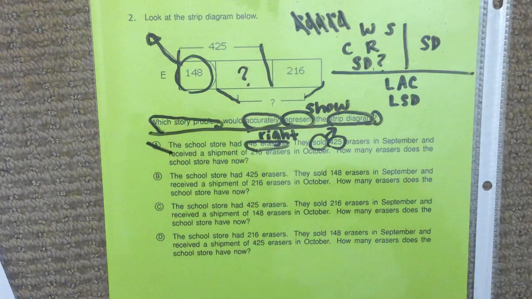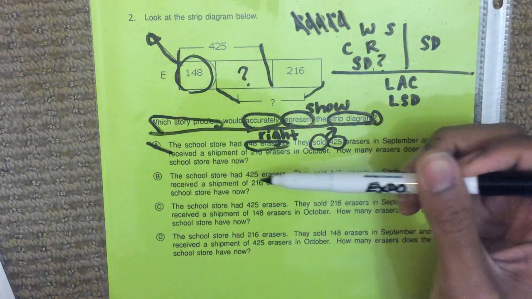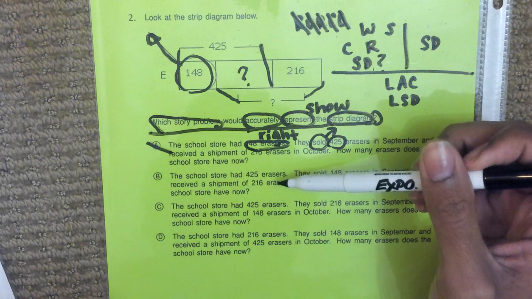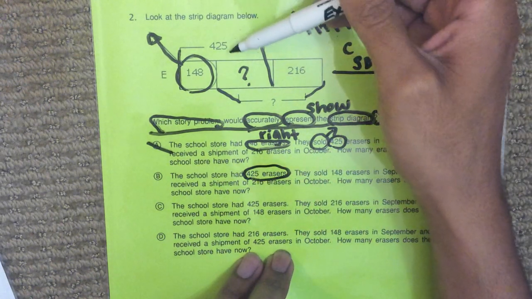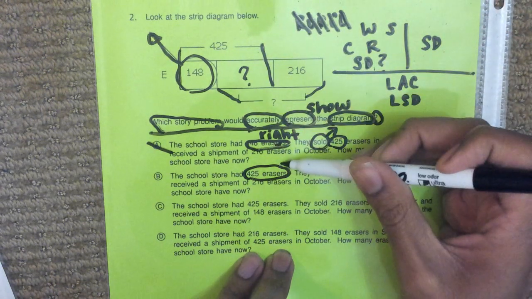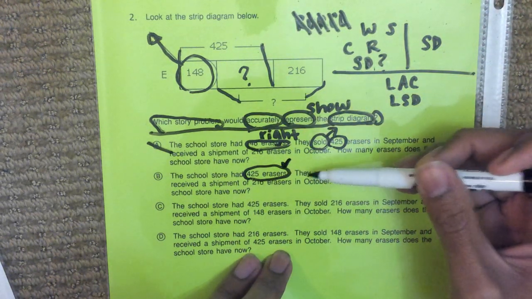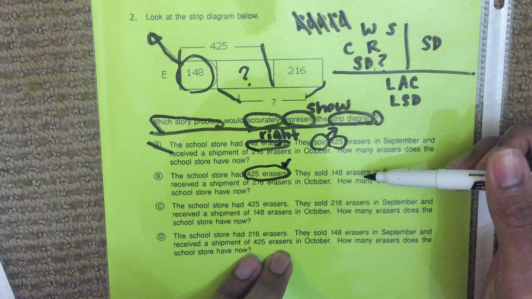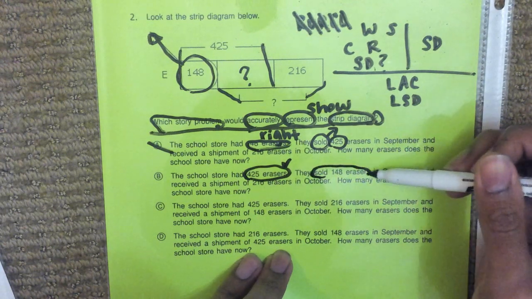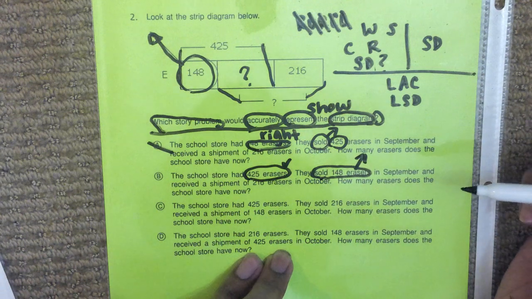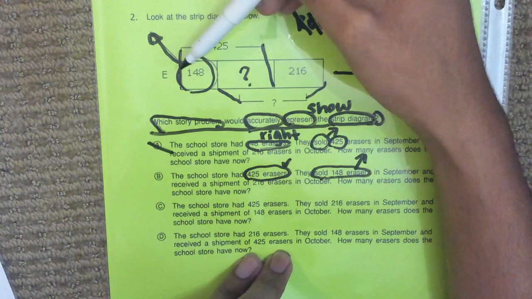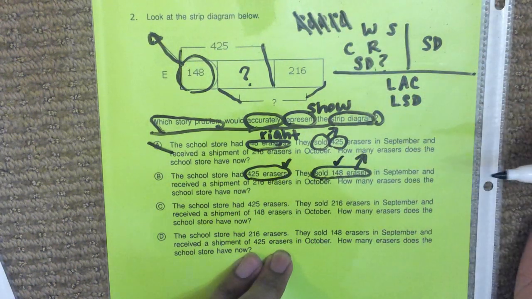Let's go to B. It says the school store had 425 erasers. It sounds like our total. We have our total here, 425, so that's a check. Then it says they sold 148 erasers. If they sold 148 erasers, then that means that's going away. Is 148 going away? Yes, so that's another check.